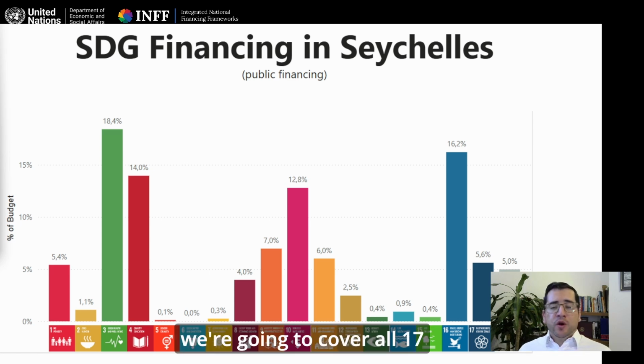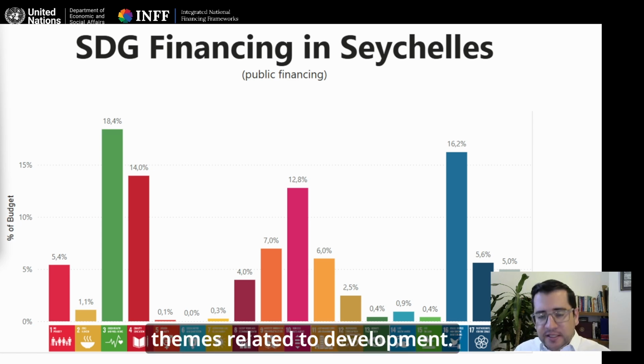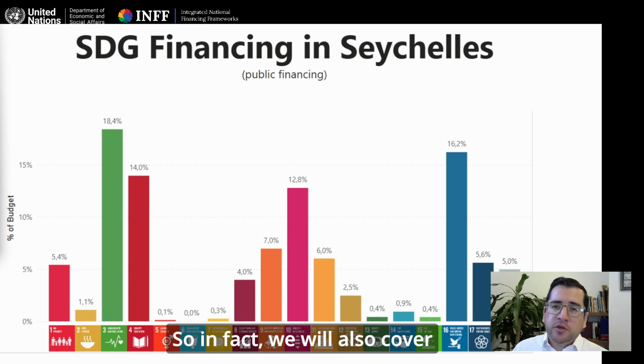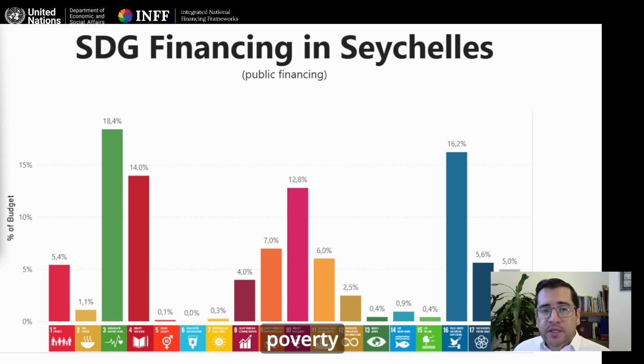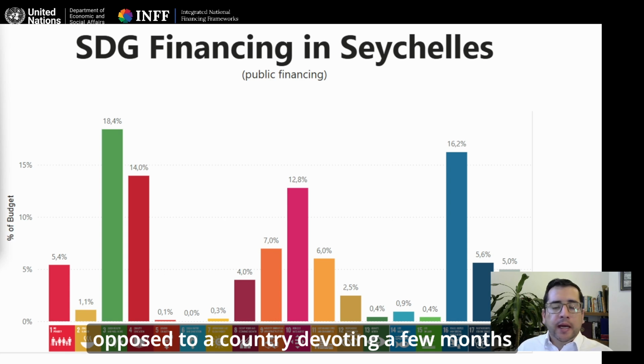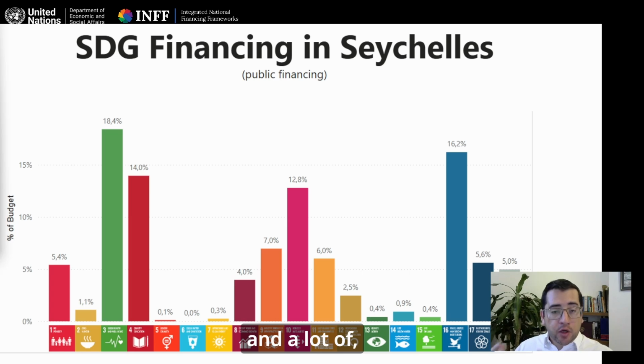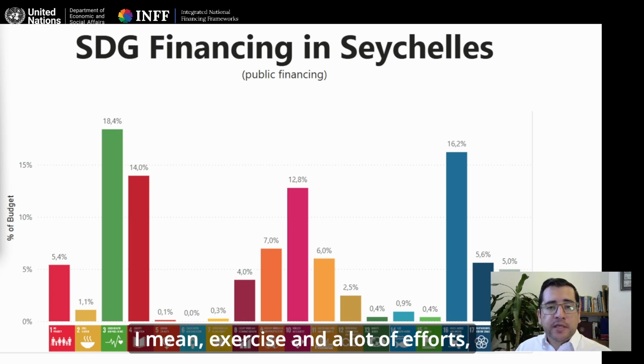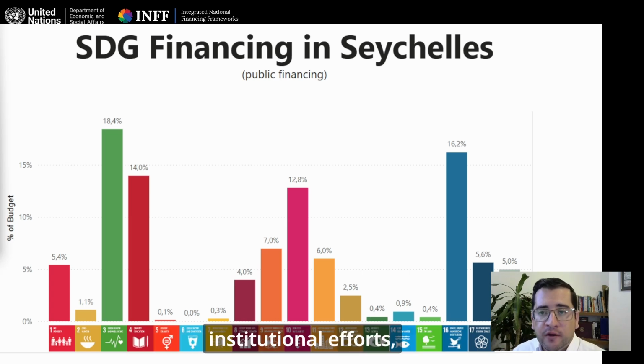So in that sense, we're going to cover all 17 themes related to development. In fact, we will also cover through an SDG budget tag, poverty alleviation tagging, peace tagging, obviously gender tagging, and climate tagging also. So, in short, it's more strategic to do an SDG budget tagging as opposed to, as a country, devoting a few months and a lot of institutional efforts to do separate taggings.